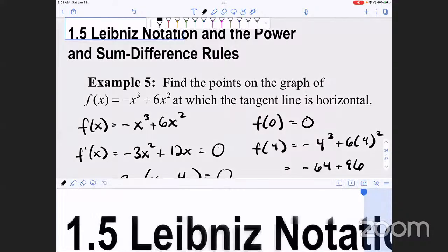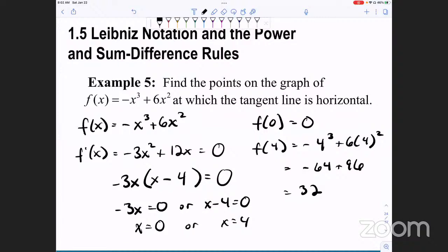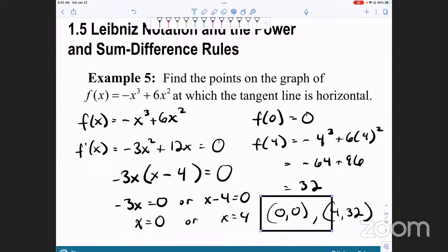It looks like the tangent line is going to be horizontal at the origin and at 4, 32, provided we didn't make any calculation errors. It should be good. And we could check this by looking at the graph.